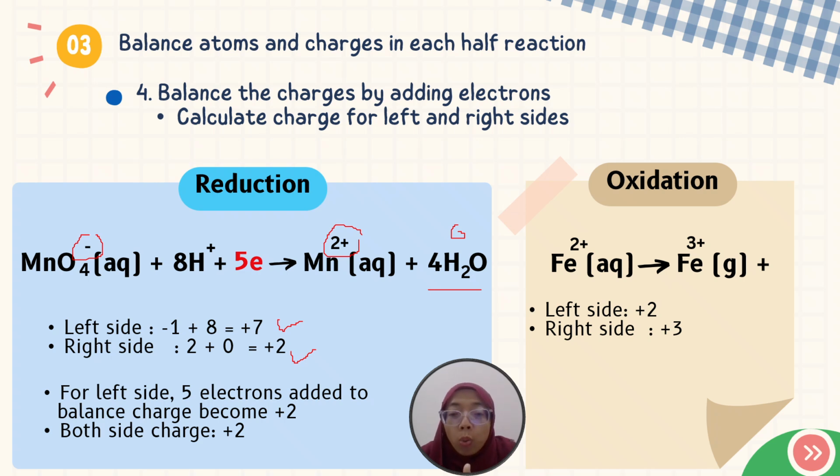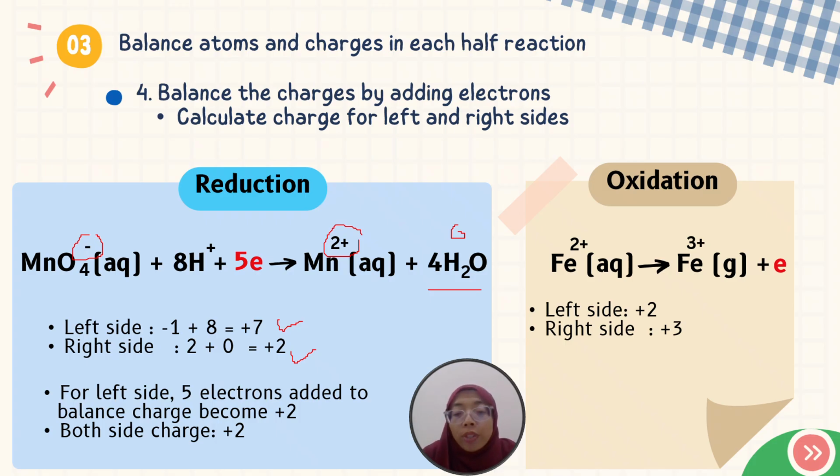For the oxidation, the electron is added on the right side. Since the right side has charge 3, we add 1 electron only to balance the charge. So both sides are now plus 2.